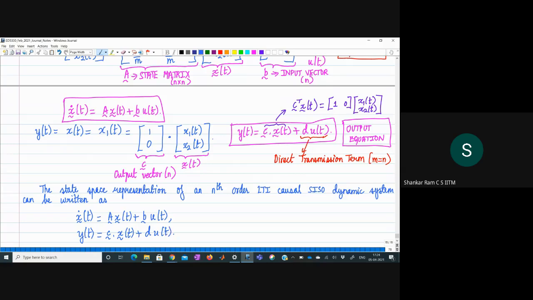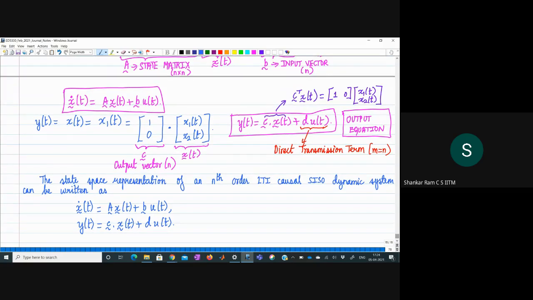So that's the complete state space representation. It has two equations: the state equation, and the output or measurement equation. Some people call it a measurement equation, some people call it the output equation.